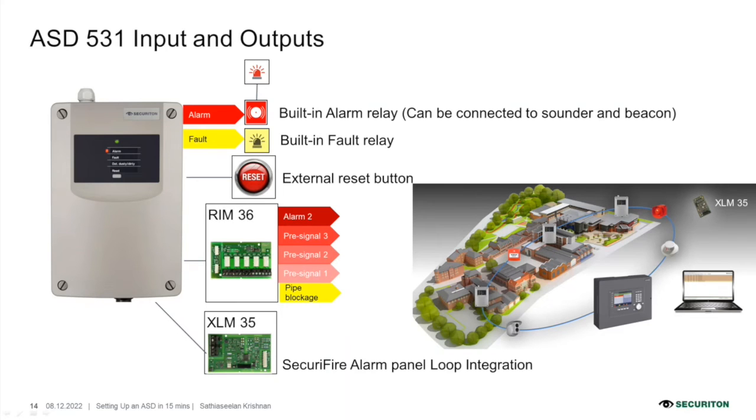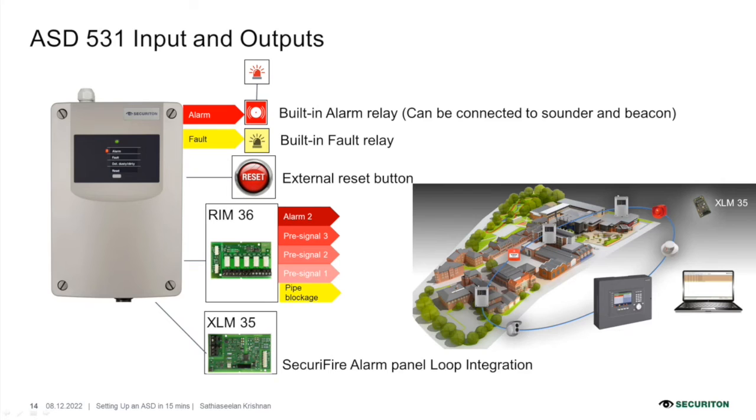This is a predefined relay configuration by firmware, so you can't reprogram it, but this is exactly what we need for a small installation. So when you install this RIM card, it automatically takes all these assignments by itself without any additional programming needed.